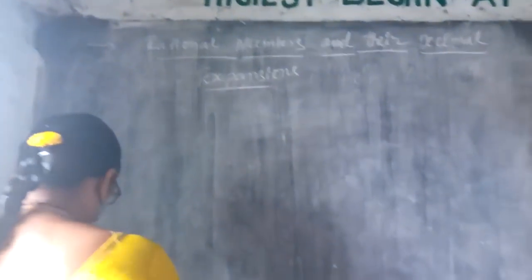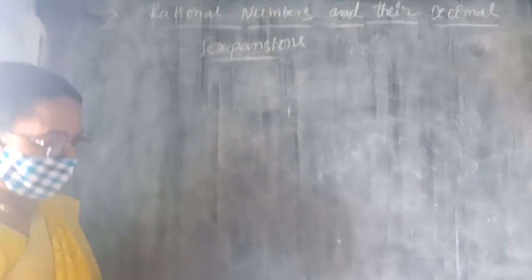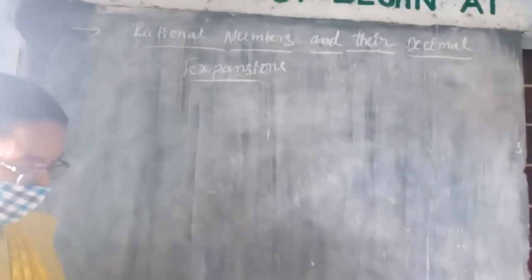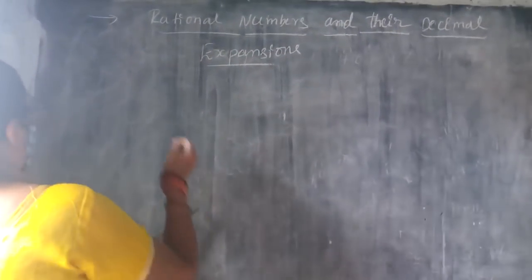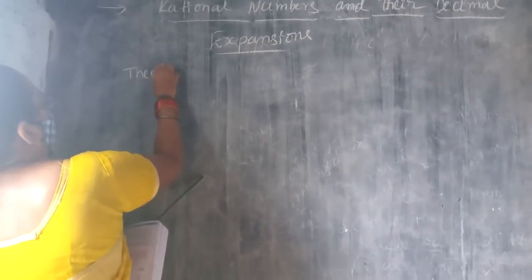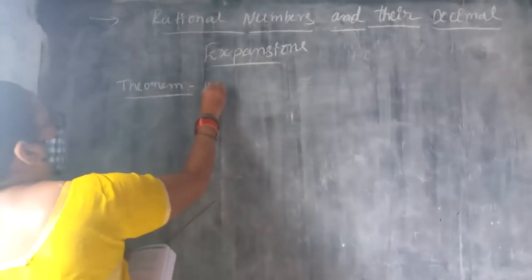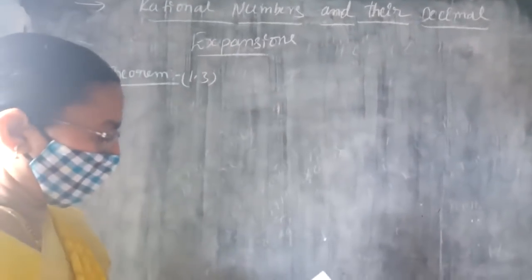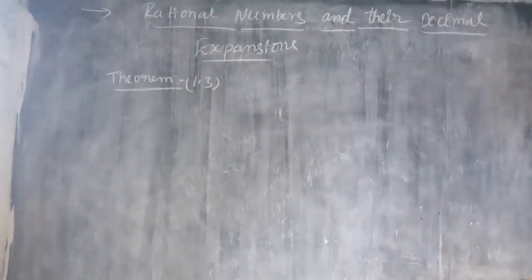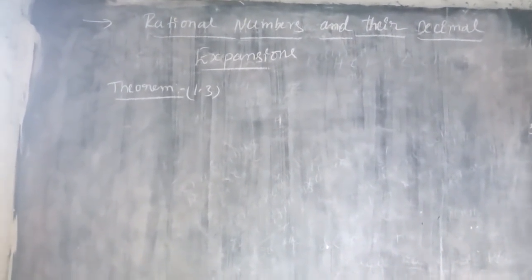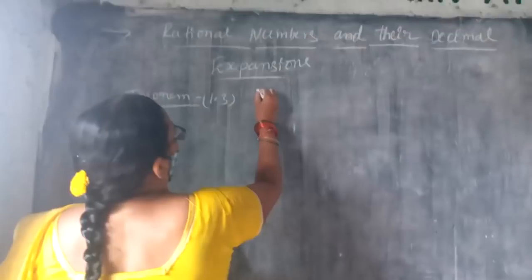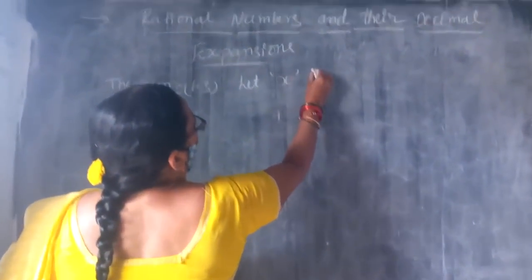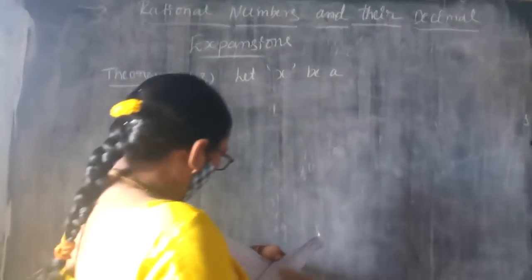First one, terminating decimals. See children, theorem 1.3. Everyone note down.